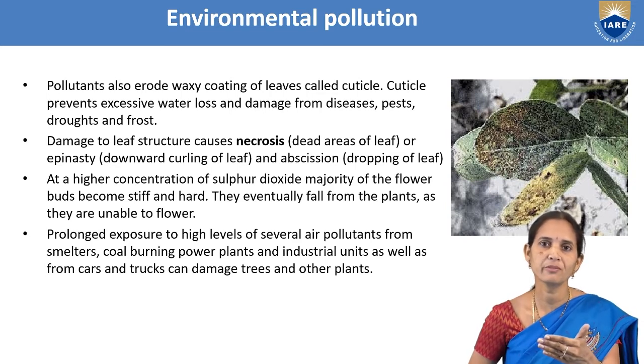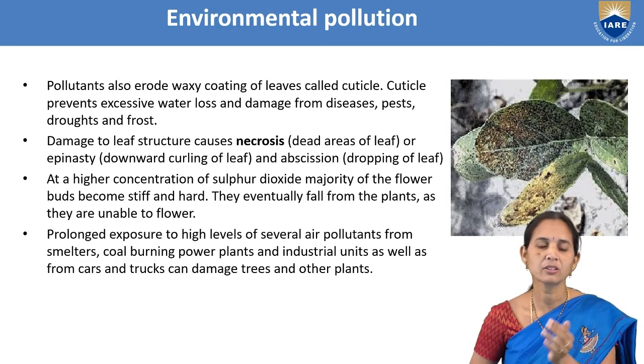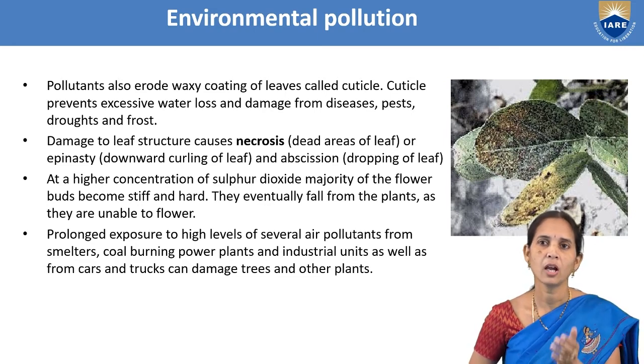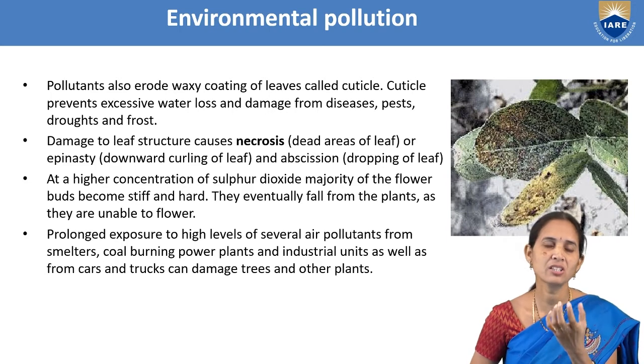So previously we discussed that the leaves turn yellow, then turn black, then drop down. And now what is affected by sulfur dioxide? Now the flower bud is affected. The flower bud becomes hard, so they are unable to flower, and they also drop down.